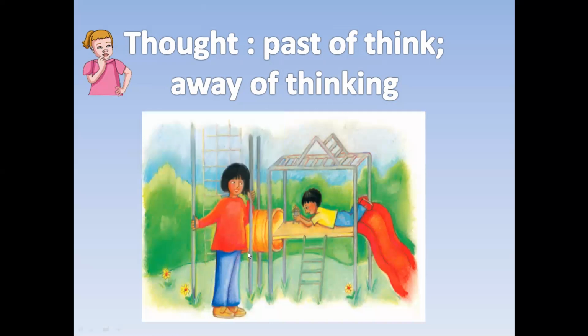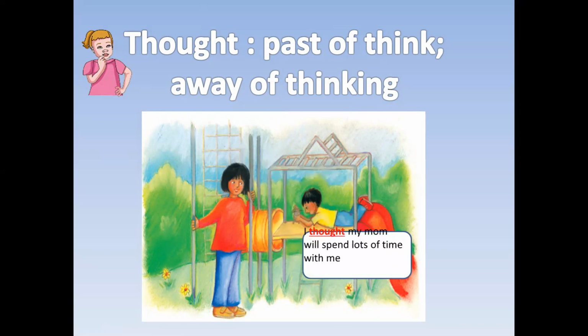Maybe you can use also this picture to give me an example. Great. What else? Who can tell me? Great, my lovely students. I thought my mom will spend lots of time with me. So the meaning of thought is past of think.